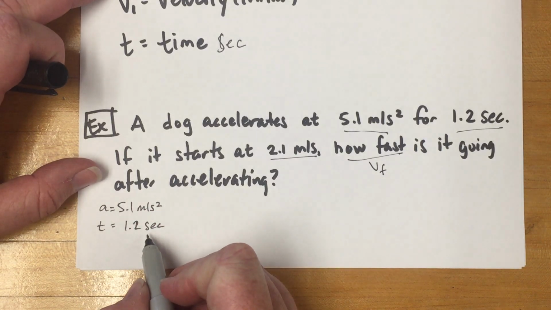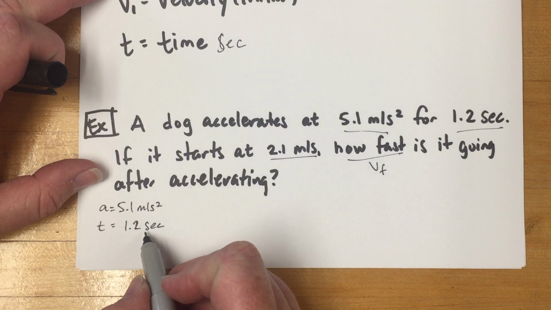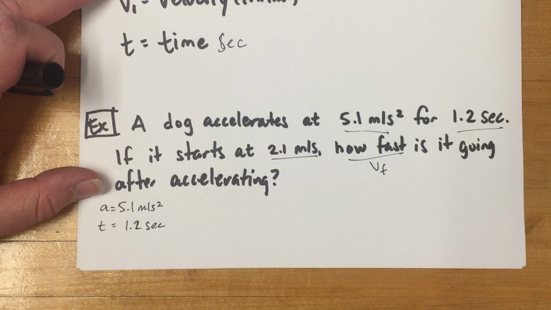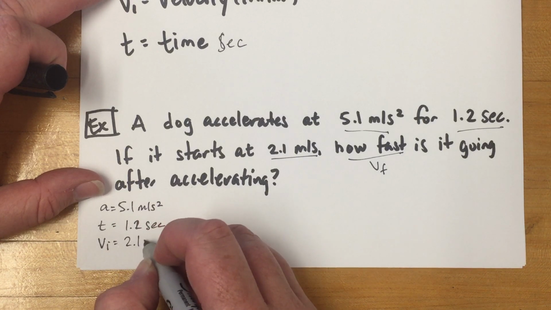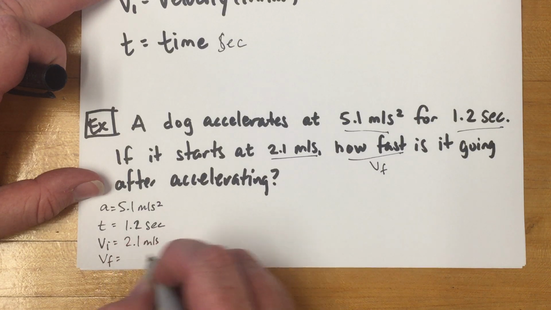I would highly suggest writing SEC for seconds. Sometimes if you just put S, you'll read it later as a 5 and calculate incorrectly. It starts at 2.1 meters per second. So VI equals 2.1 meters per second, and VF is what we're looking for.